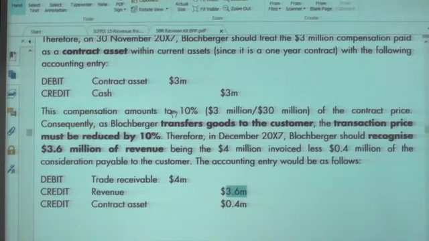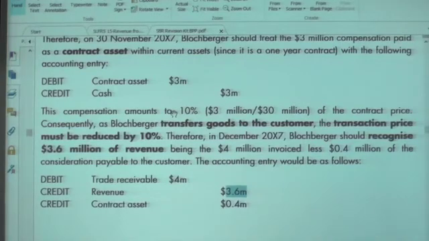Number 2, revenue recognition: receivable debit, credit contract asset, within bracket, the percentage already paid.